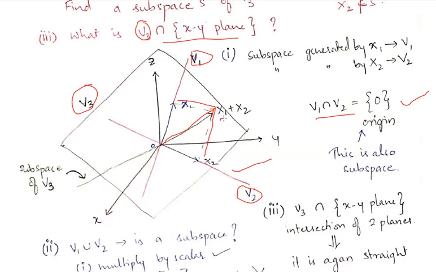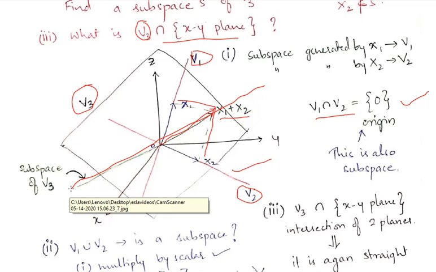So this is nothing but V1 union V2. In terms of vector, you can say it's V4. V4 is equal to V1 union V2, or X1 plus X2. And if you want to define a subspace, then it is a line containing this vector, covering the negative values also.